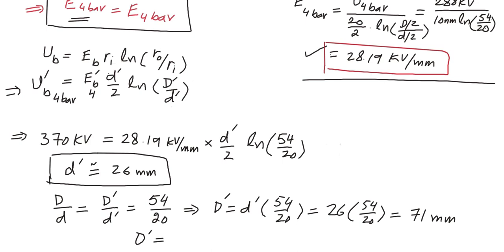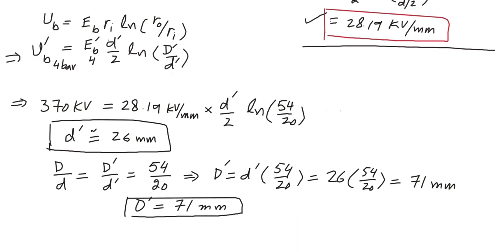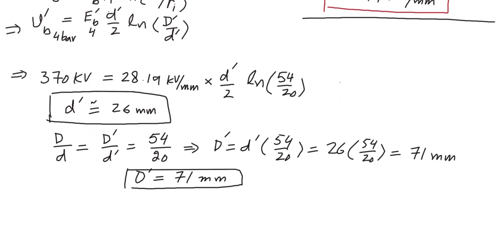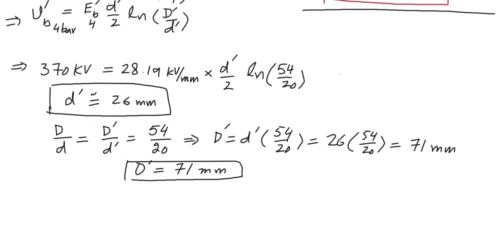As you can see, our dimensions have changed. Before the modification, delta D was the outer diameter, 54, minus the inner diameter, 20, so it was approximately 34 millimeter.